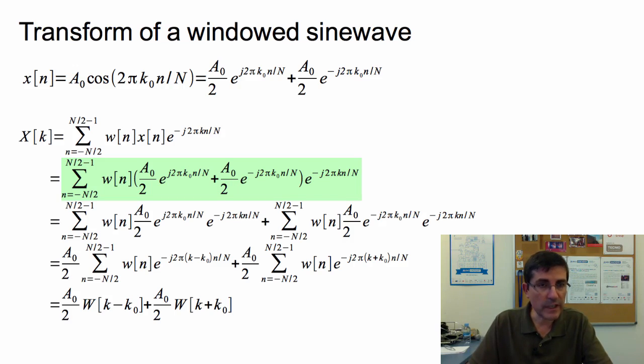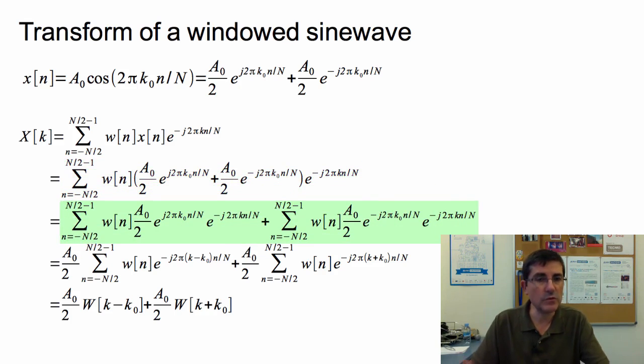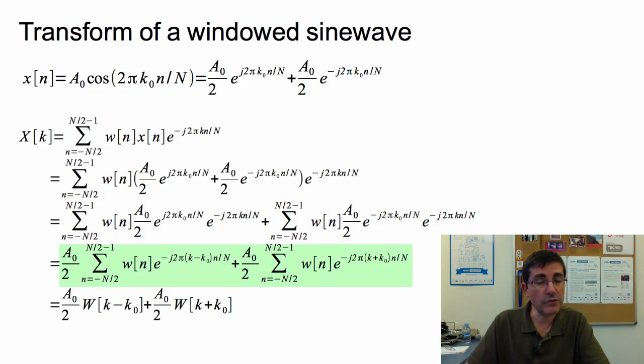Therefore, because of the linearity of the DFT, we can split this into two equations, in which in each one we have a complex exponential as the input signal, and the amplitudes can be moved outside, and basically what we get back to is the sum of two DFTs of the window, with a frequency shifting operation.